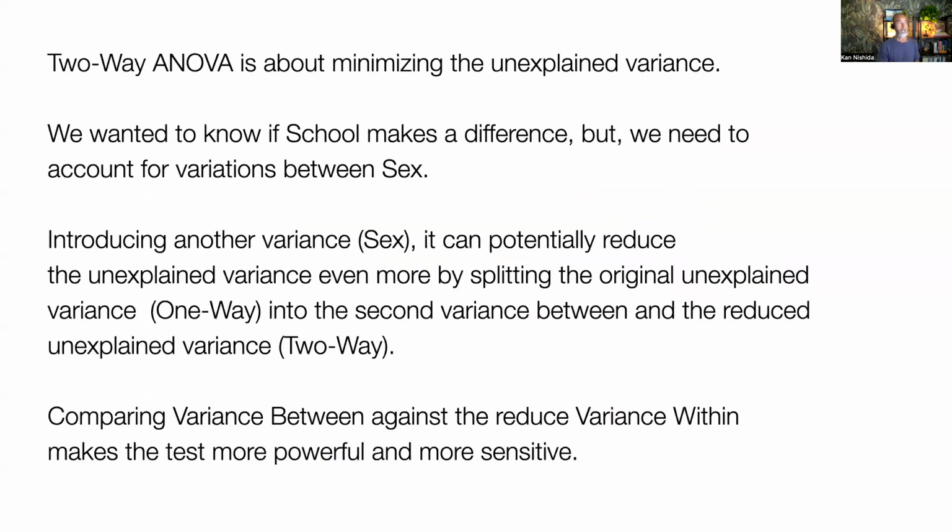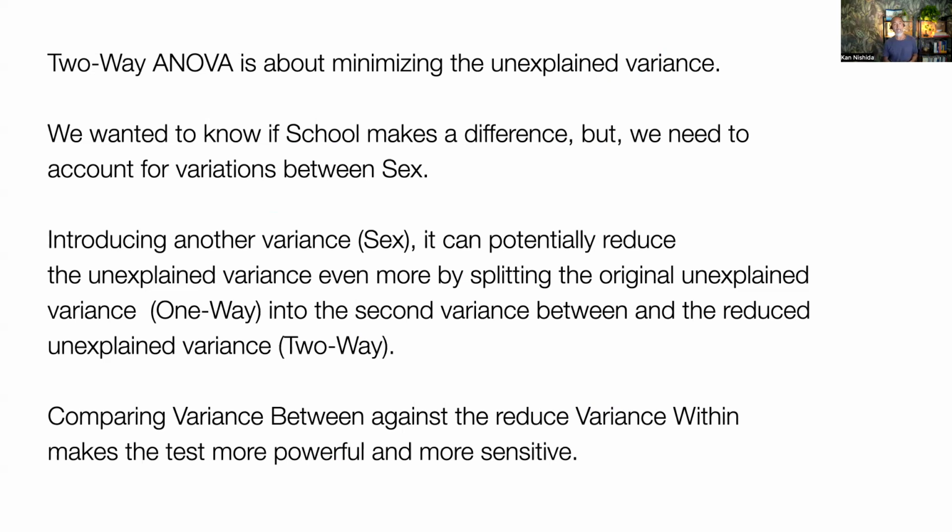Okay, so just to wrap up. The two-way ANOVA is about minimizing the unexplained variance, right? We wanted to know if the school makes a difference, but we also need to account for variations between sex. In this case, obviously sex makes a difference.